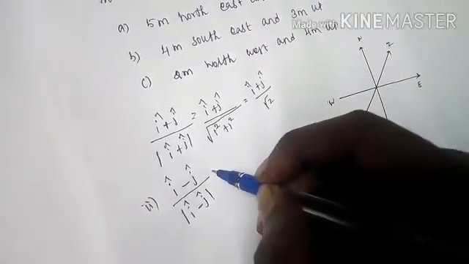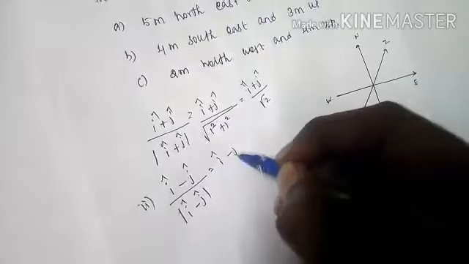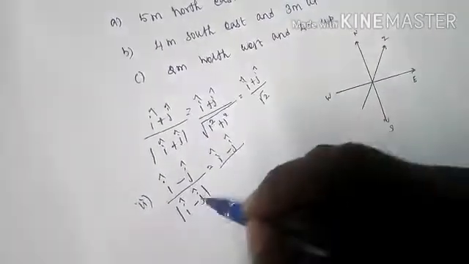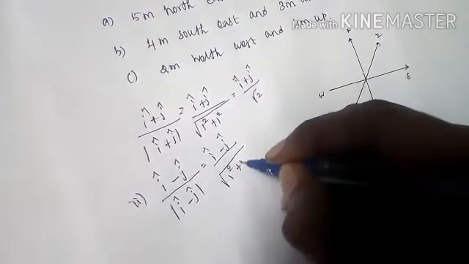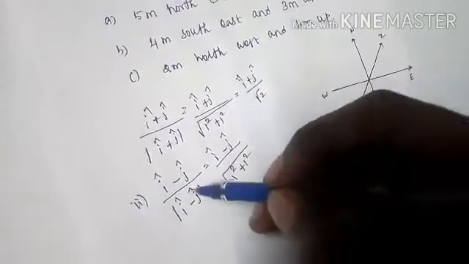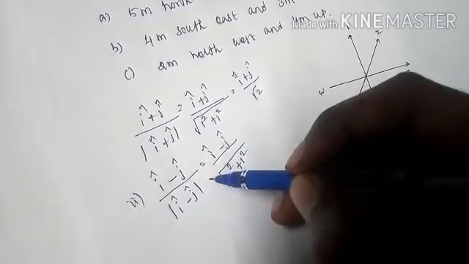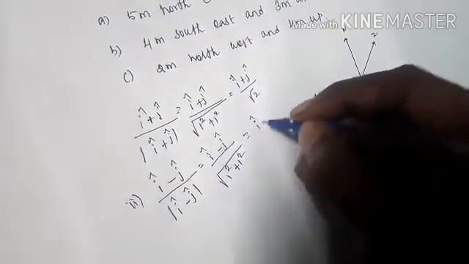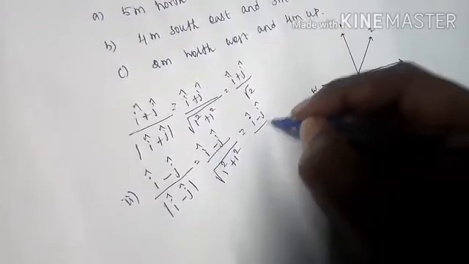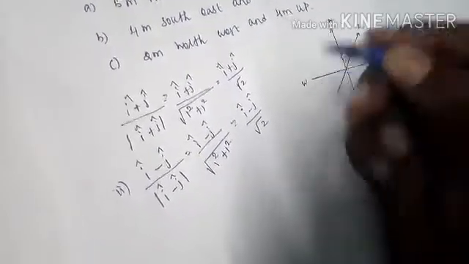This modulus can be written as root of 1 square plus 1 square, because the minus term becomes positive on squaring. So i cap minus j cap divided by root 2.